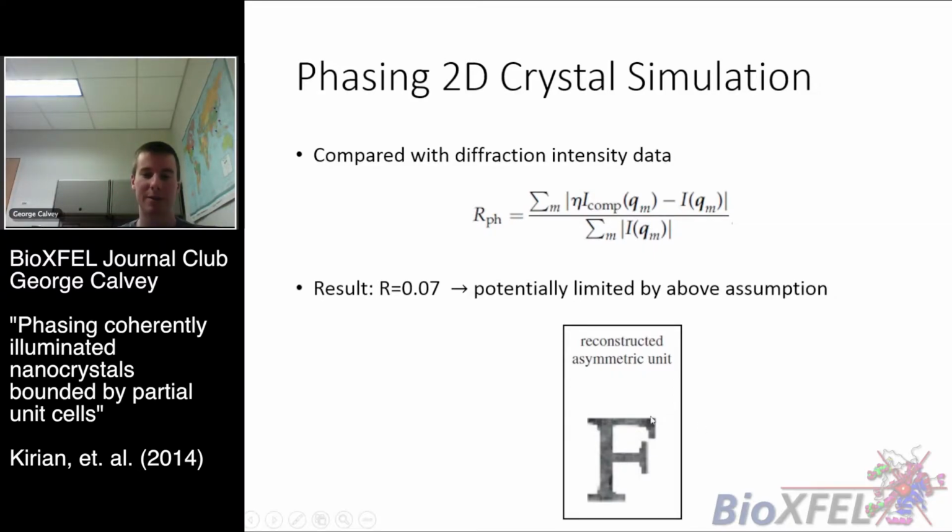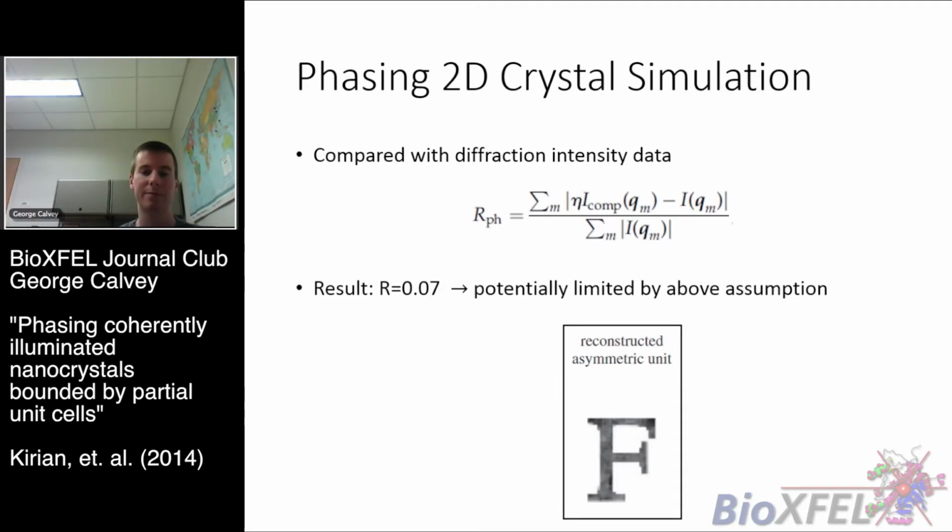So they took the asymmetric unit and constructed the 4 unit cells from it, and based on their assumption, they computed the incoherent superposition of the 4 units and computed the difference between that and the 500 diffraction patterns. They got the same result as in the first section, 0.07.